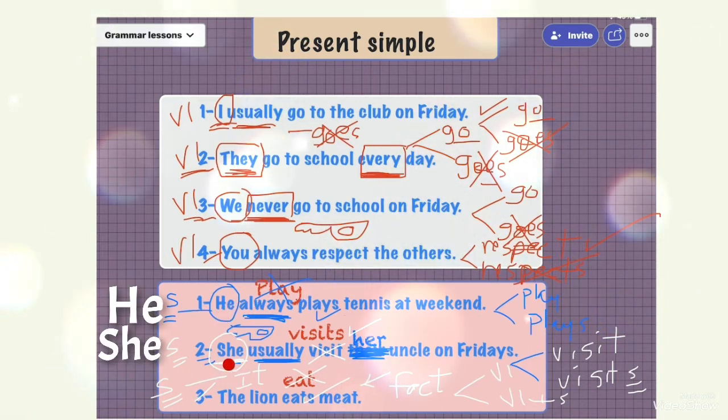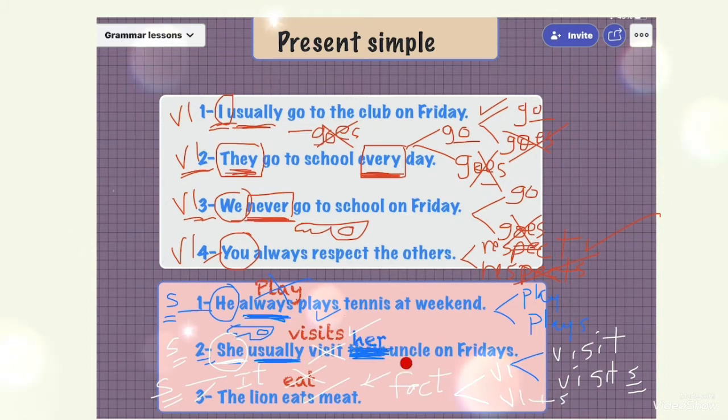Number 2, she usually visits her uncle on Fridays. So why visits? Because I have usually and I have she, and she takes the verb with S. Number 3, the lion eat or eats meat. It is a fact.